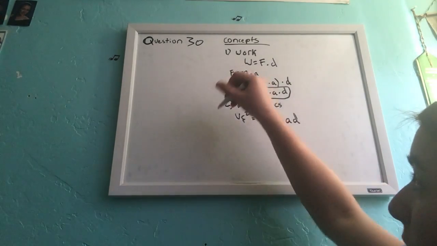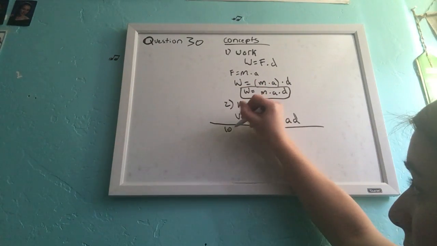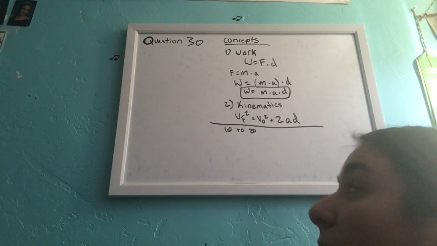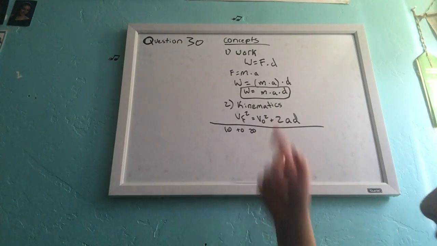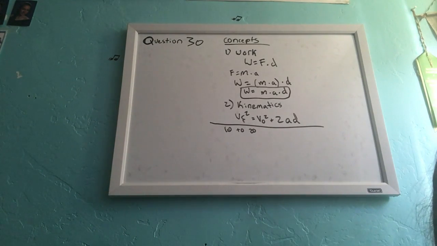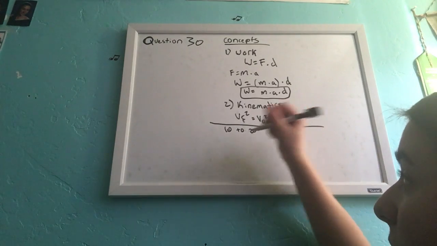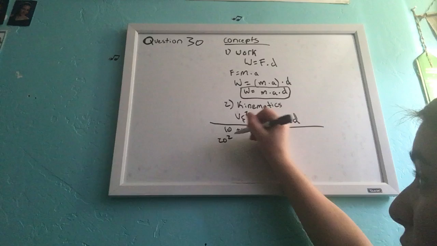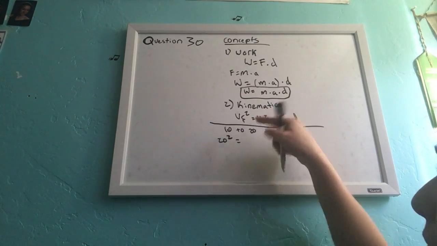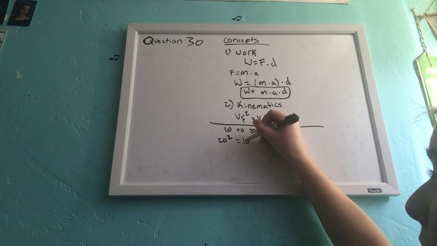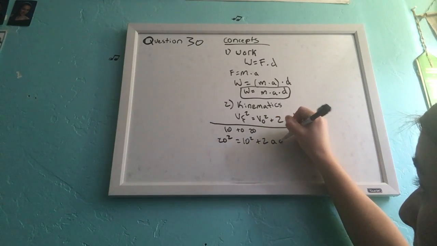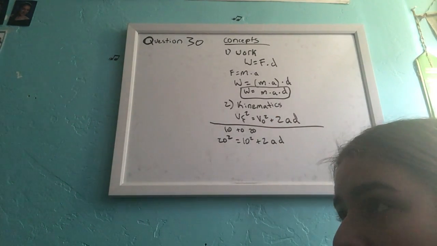First, we're going to go from 10 to 20 meters per second and see the total work there. I'm going to plug the values I have into this kinematic equation. From 10 to 20, the final velocity is 20. So 20 squared is equal to the initial velocity, which is 10 squared, plus 2 times acceleration times the displacement.